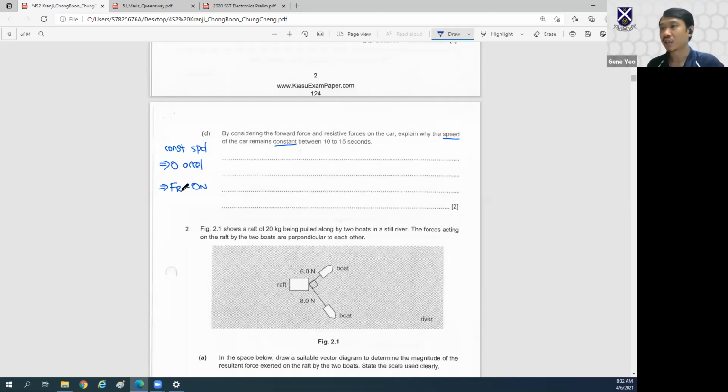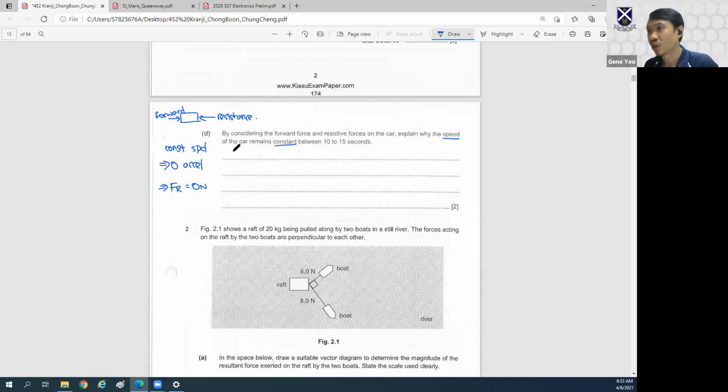All right. So what this means is that if this is the car, this is the forward force, and this is the resistive force, can be air resistance and so on and so forth. What this means is that this fella and this fella must be the same. Okay, so let's make that argument in words here.